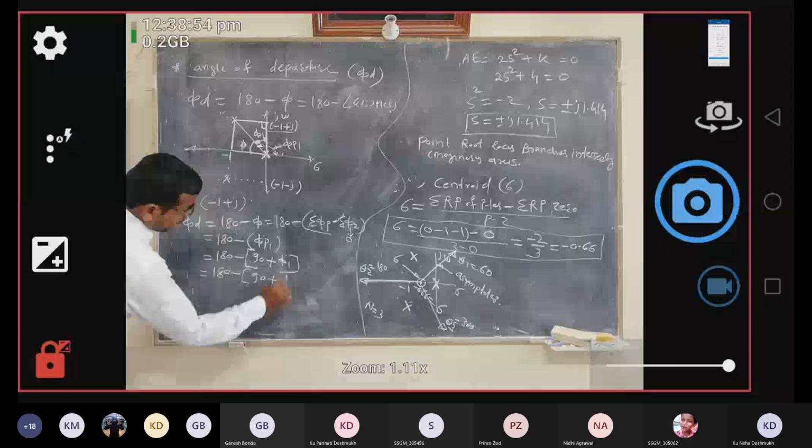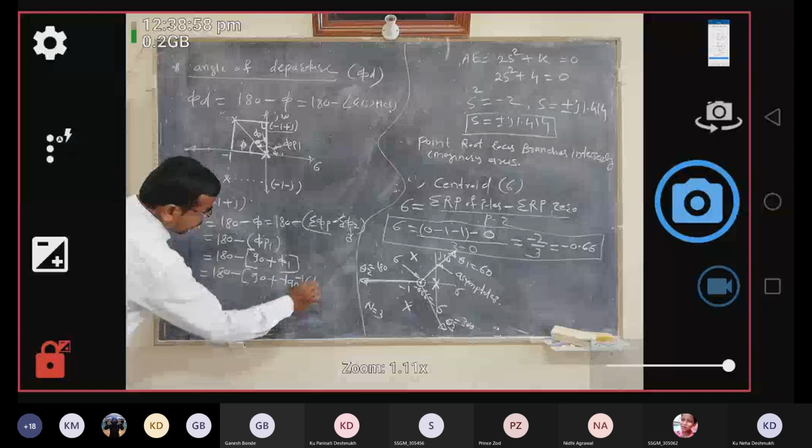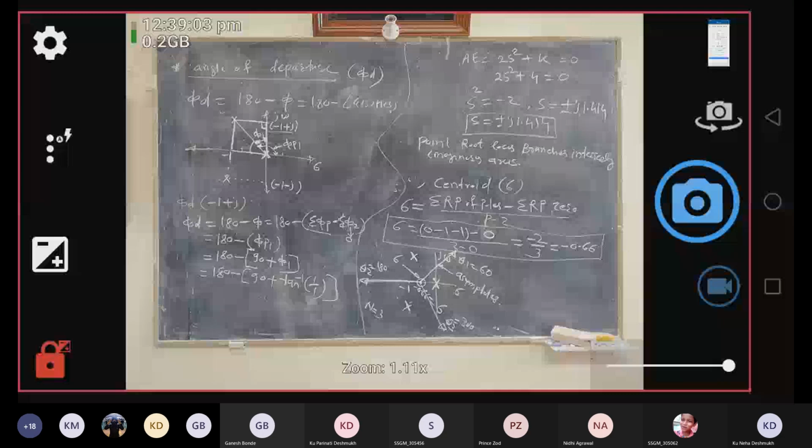So this will be tan inverse of 1/1. If you apply the trigonometric rule here, it could be tan inverse of 1/1.